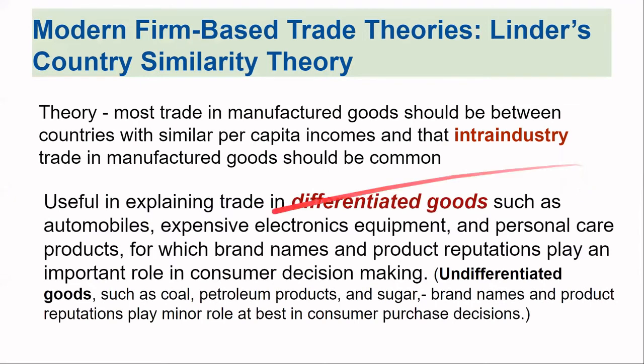That's why it is useful in explaining trade in differentiated goods such as automobiles, expensive electronics equipment, and personal care, for which brand names and product reputation play an important role. Undifferentiated goods are consumables like coal, petrol, and sugar, for which brand names are not important. So this is focused on differentiated goods.